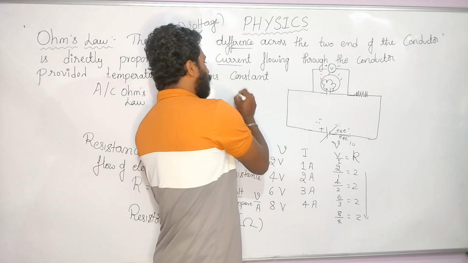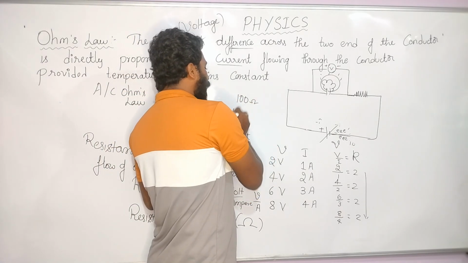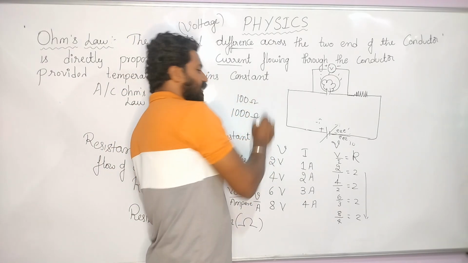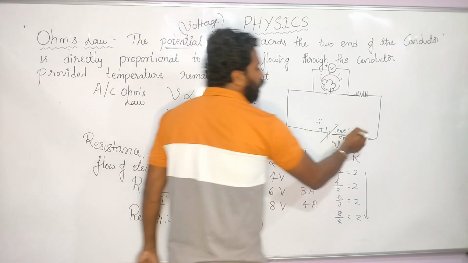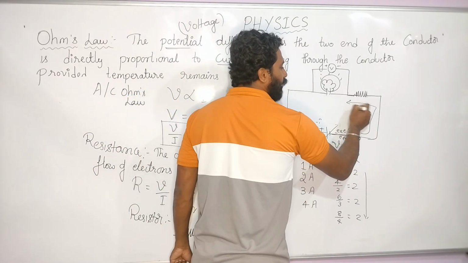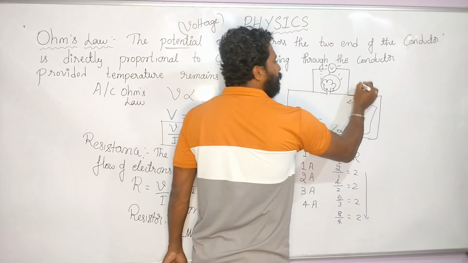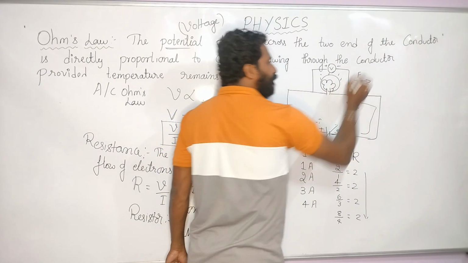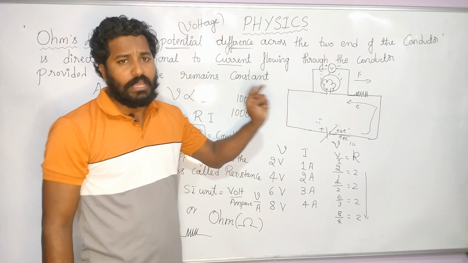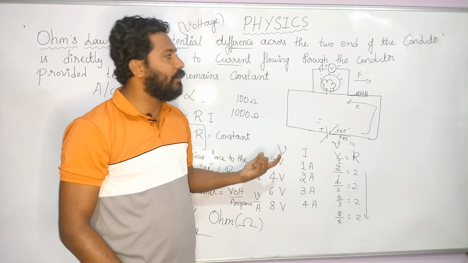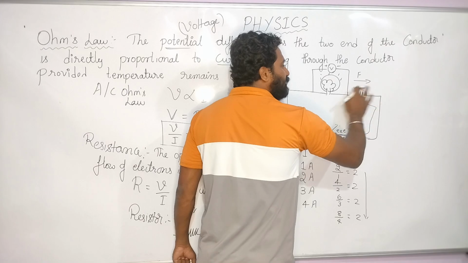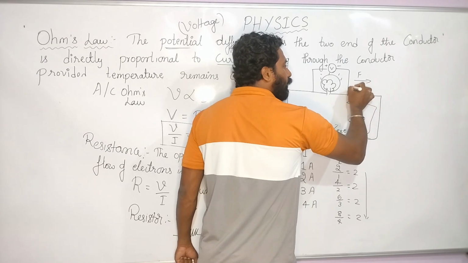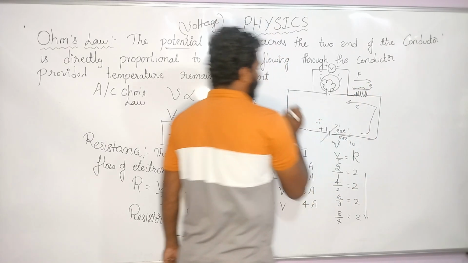Suppose it is offering 100 ohm or 1000 ohm or whichever, that resistance is fixed. So what happens when the electrons flow through this? It is being offered an opposing force. When it is being opposed, the electrons move through this resistance very slowly. It takes more time.